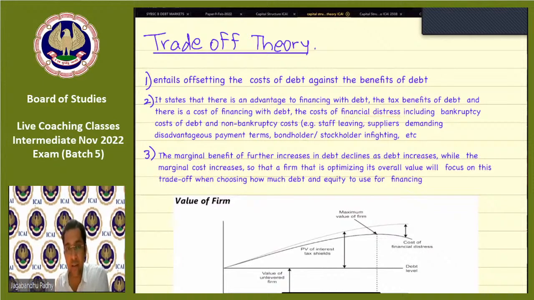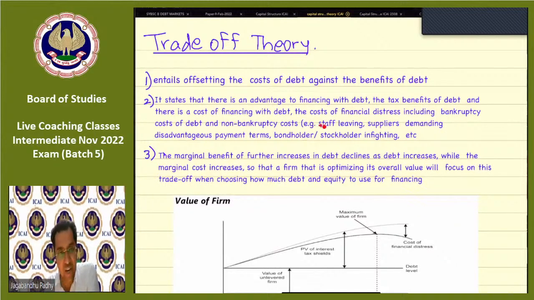And when that happens, you may be having wealth, but then you don't have the liquid cash, and that will cause bankruptcy and some non-bankruptcy cost also. Like if you are defaulting on your loan, the confidence, the loyalty that the staff or the suppliers or the customers have on you, they may simply leave you and they'll say that this company is no more reliable.